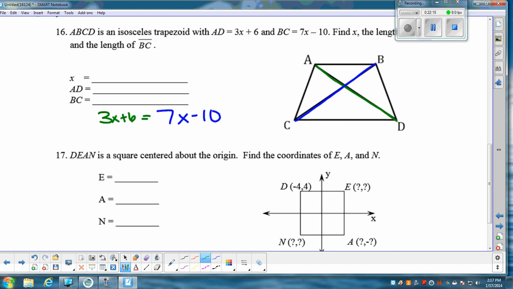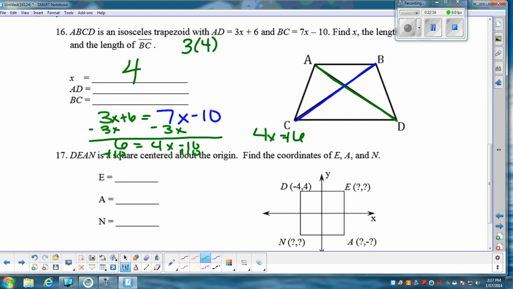We get that x is 4, and then we need to find AD, so I just plug in 4 for my expression for AD. So AD is 18, and since our diagonals are congruent, BC is also 18.